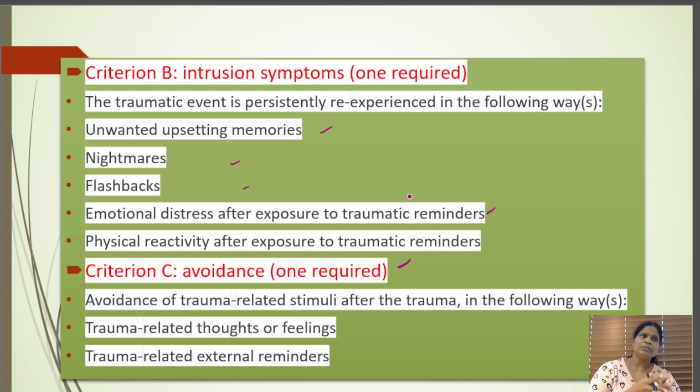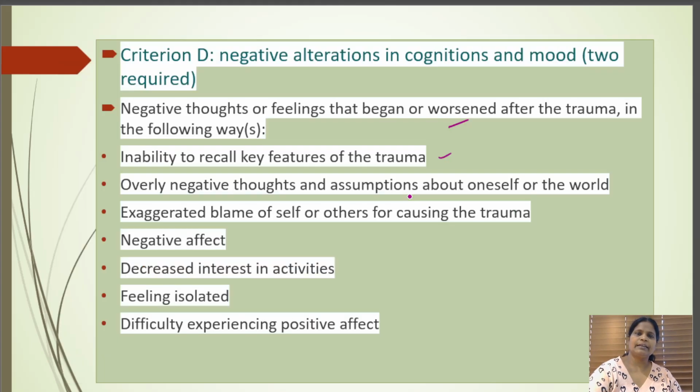Coming to criterion C, avoidance. One is required: trauma-related thoughts or feelings, and trauma-related external reminders. Whenever the same event is discussed again, we say reminder. So this is another criterion.